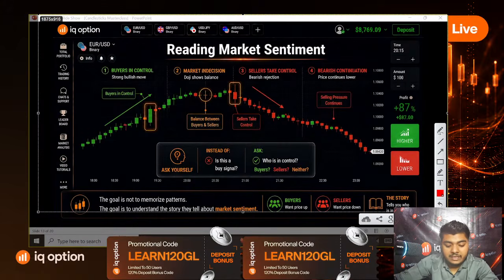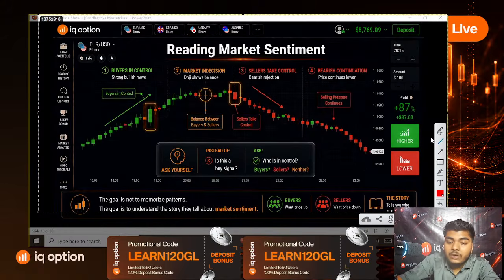Instead of asking, is this a buy signal or a sell signal, ask yourself, who is in control right now, buyers or sellers? That simple question will help you read the market with more confidence and make better trading decisions. Suppose you are in the market right now and the market is moving in the upper direction, and you don't know what to do.